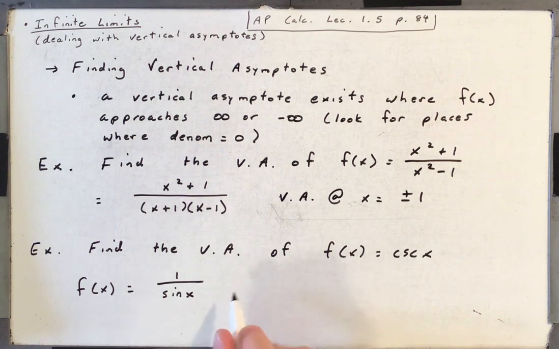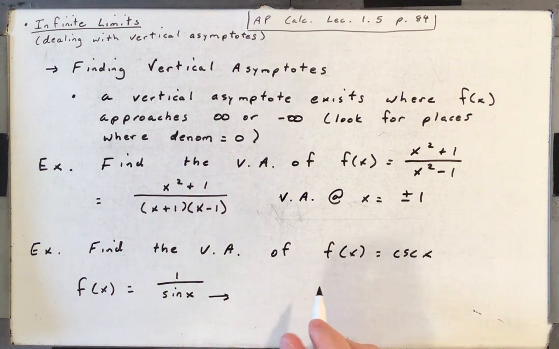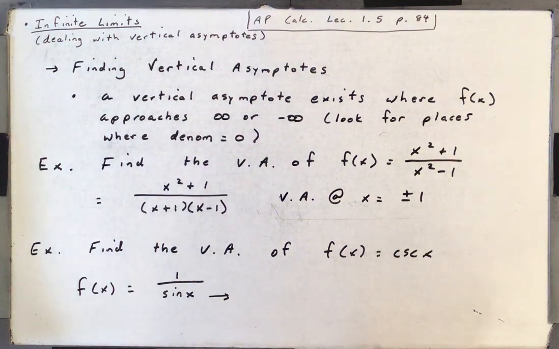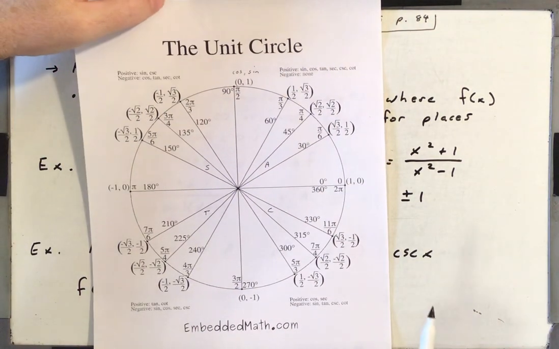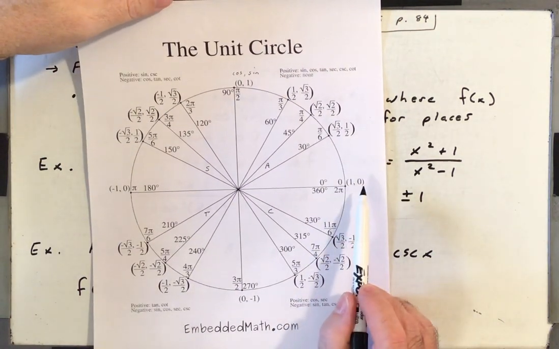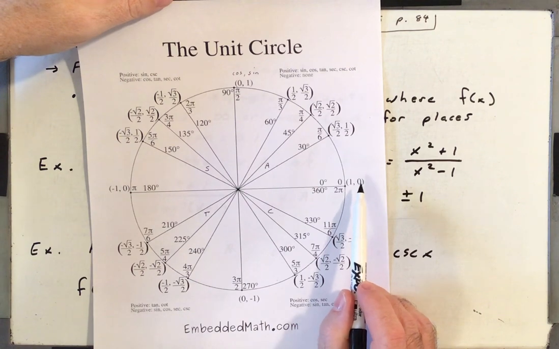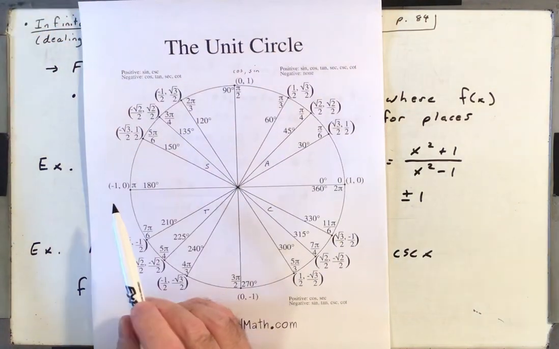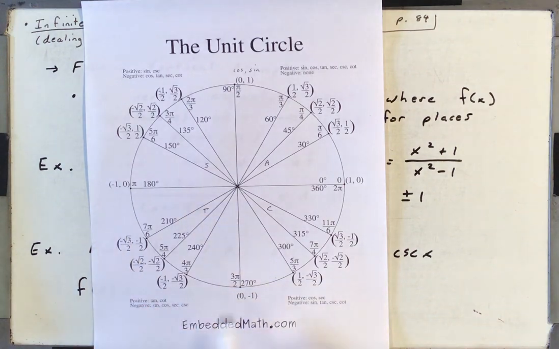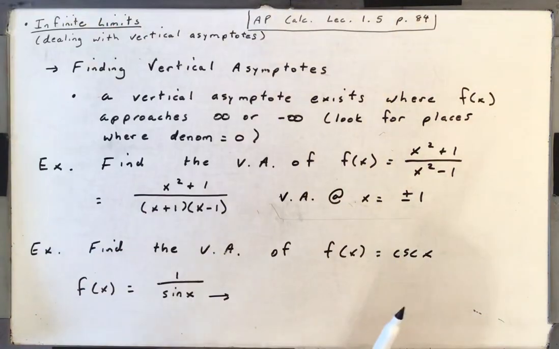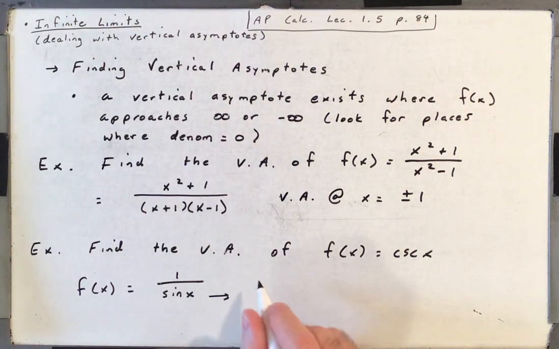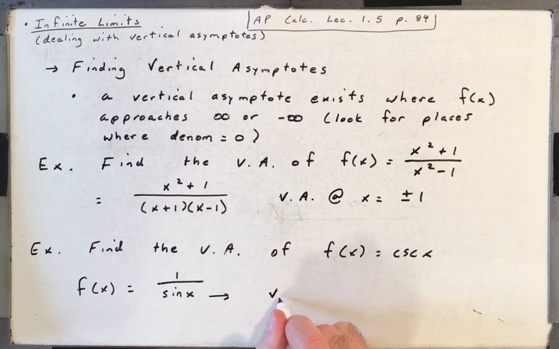Where is sine 0? Well, you can take a look at your unit circle. Remember, it's cosine then sine. Sine is 0 at 0 and at pi. So it's multiples of pi.